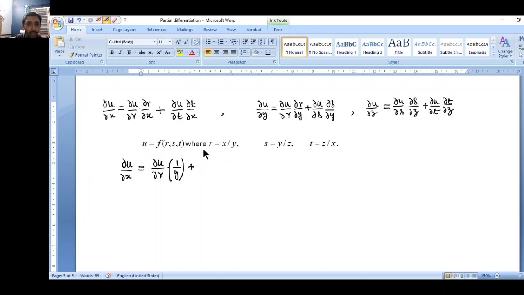Plus, similarly now, ∂u/∂t. Once again, u is an arbitrary function of r, s and t, so ∂u/∂t will remain as it is, into ∂t/∂x. Now t equals z by x. What will be ∂t/∂x? z will remain as it is, and the derivative of 1/x will be -1/x², so this will be -z/x².